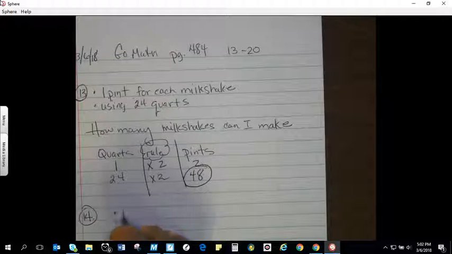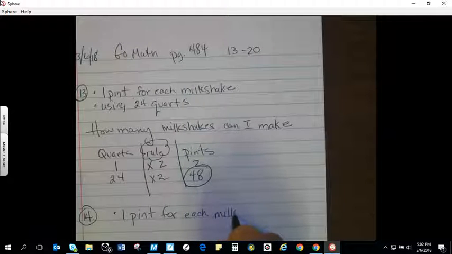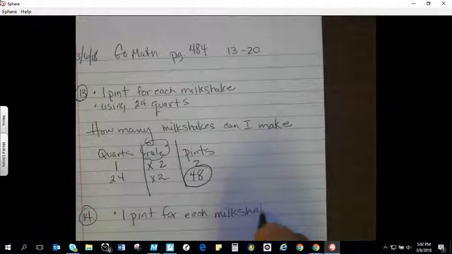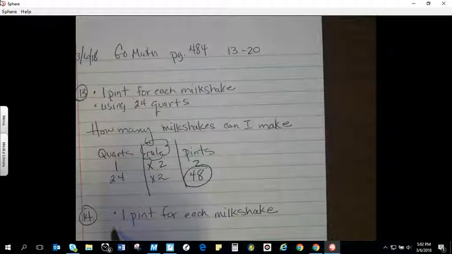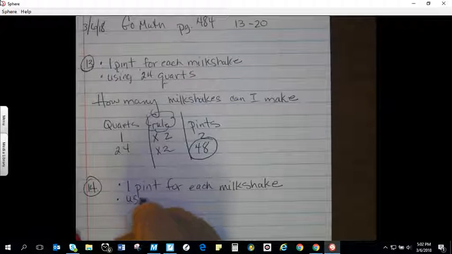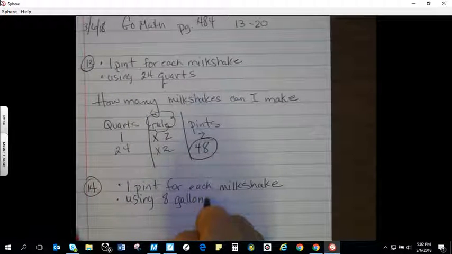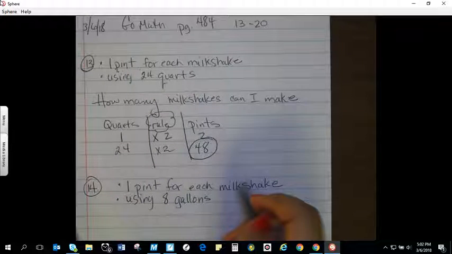I'm going to use 1 pint for each milkshake. However, I have 8 gallons of milk.